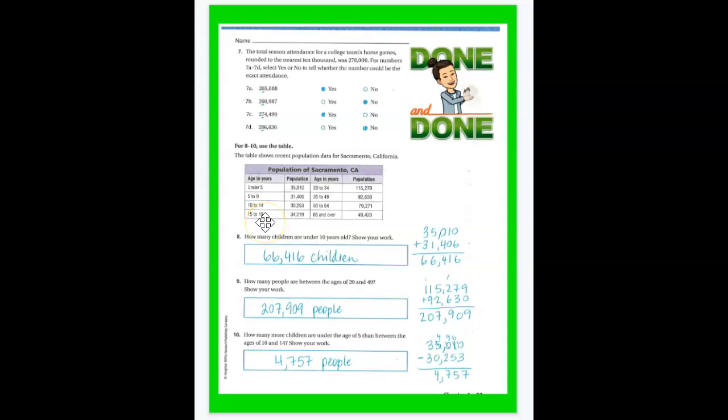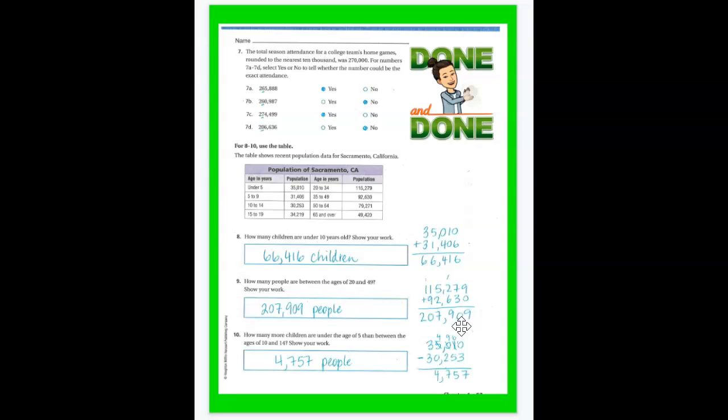They do not apply because the question is asking us to give under 10. So I will need to look at 5 to 9 and under 5. I see the number 35,010 for under 5. And for 5 through 9 years old, my number is 31,406. I'm going to take those two numbers, add them up, and my final answer is 66,416.